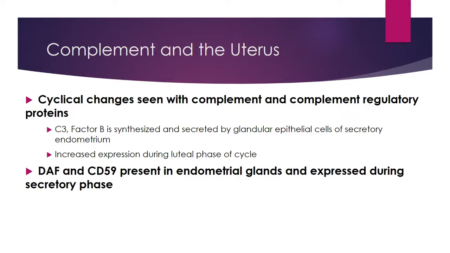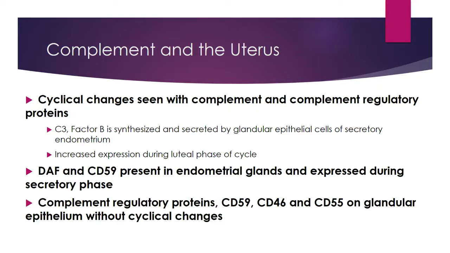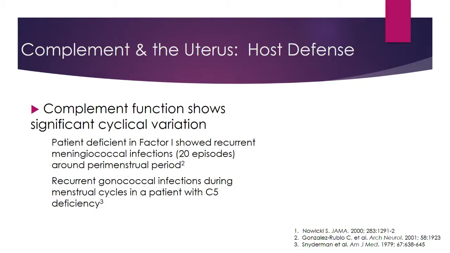There is also DAF and CD59 present in endometrial glands that is also expressed during the secretory phase. And then there are other proteins, CD46 in particular, that does not undergo cyclical changes, although CD59 and CD55 do. And I did not remove the other two here.